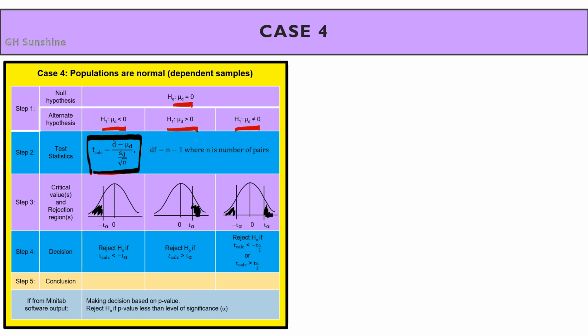So this is the rejection region. Step number 4, make a decision. The decision is based on T calculation compared to the critical values. And last, as usual, we will conclude with a statement. If given from Minitab, always remember to reject H0 if p-value is less than alpha.